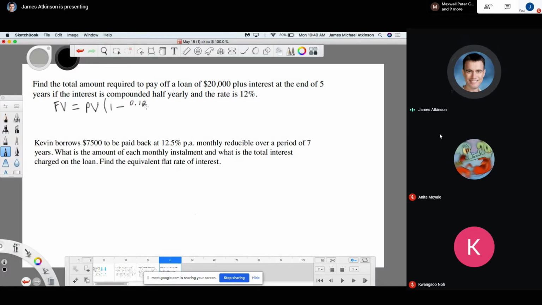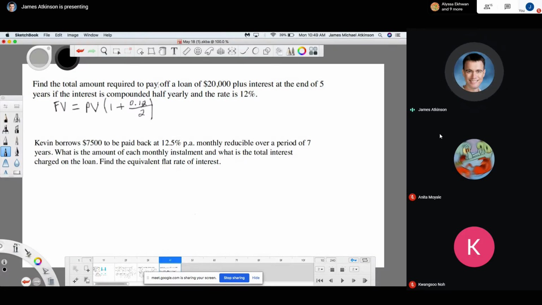Because this one is interest and the value is actually increasing, the value of the loan is getting bigger, I'm going to add. So 1 plus the interest rate. Now look, the interest is compounded half yearly. That's twice a year. So our 12% per year needs to be divided by 2 in order to find out what the half yearly amount is.